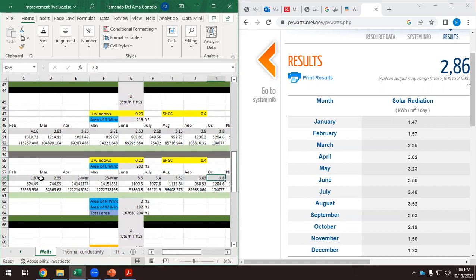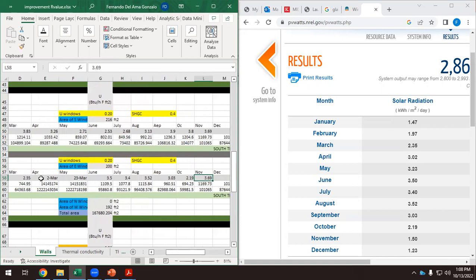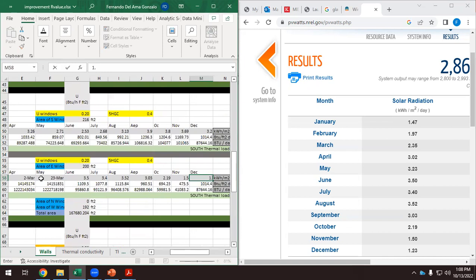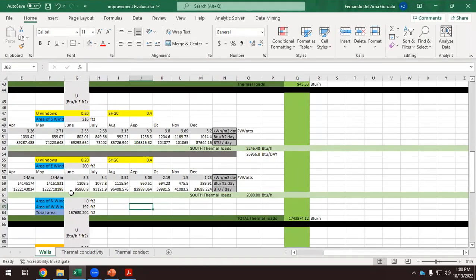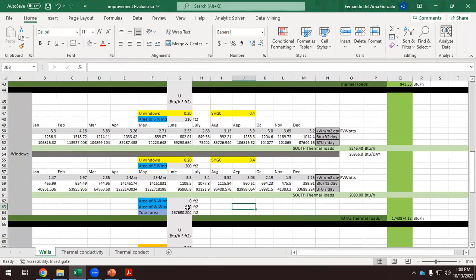In October 2.19, November 1.5, December 1.23. Okay, so I have typed these values in kilowatt hours per square meter, January, February. So I have typed this here.